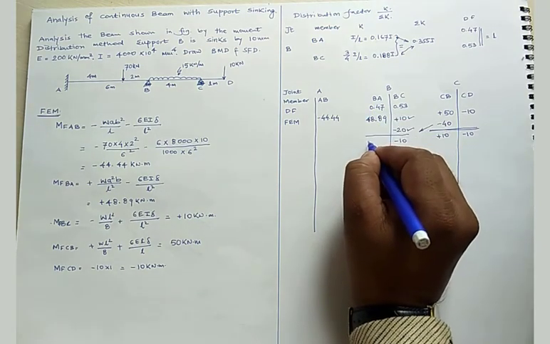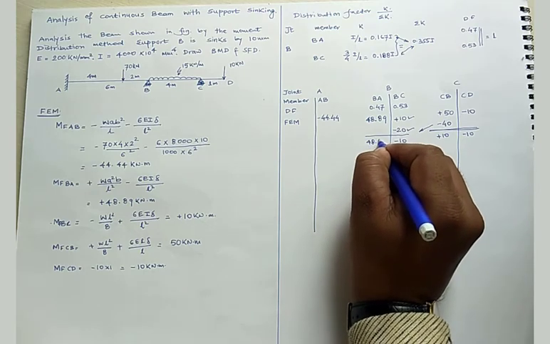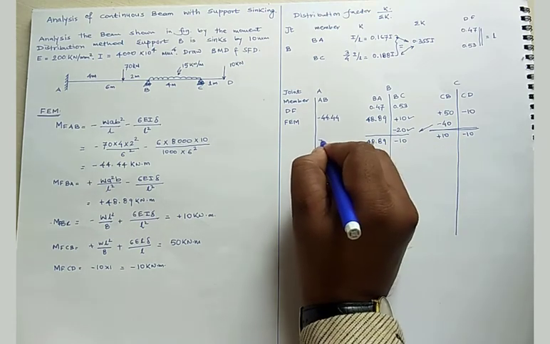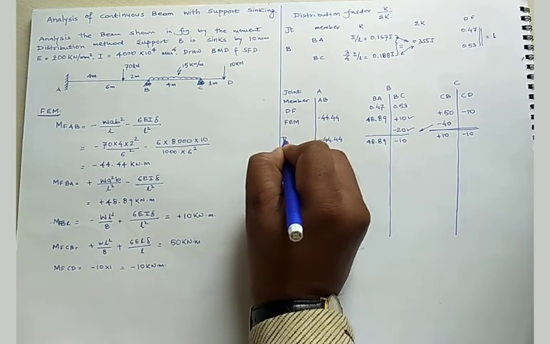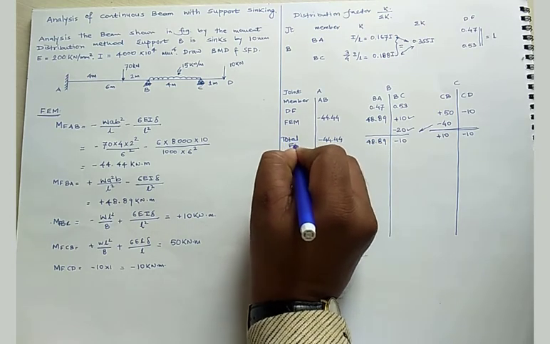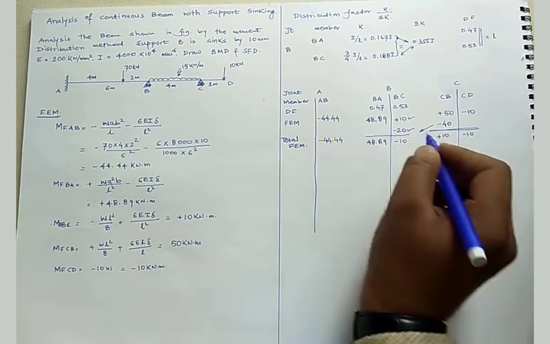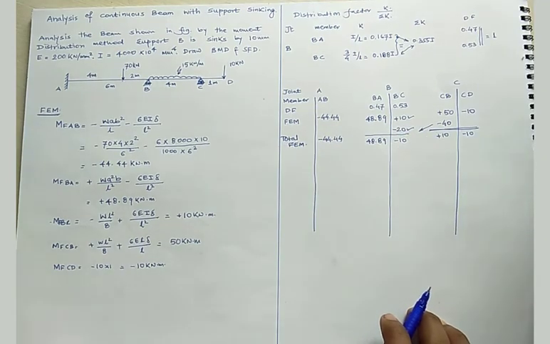This is 48.89 as it is, and this is 44.44. So the total fixed end moment we have calculated like this. So the new moment for BC is minus 10.